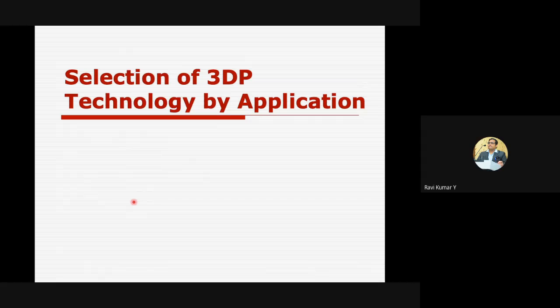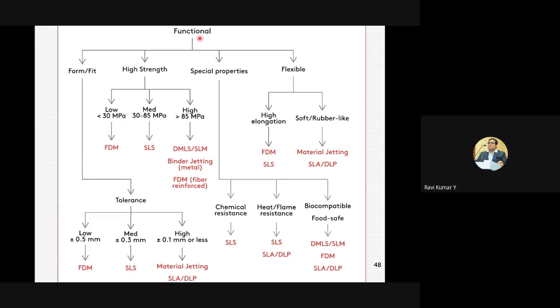So how do you get selected by application? You're looking for some functional application, so we need to broadly classify. You're looking for form fit, and then what kind of tolerance you are looking at, whether it's low, maybe plus or minus 0.5 or 0.3, 0.1, and then you have to pick an appropriate technology.